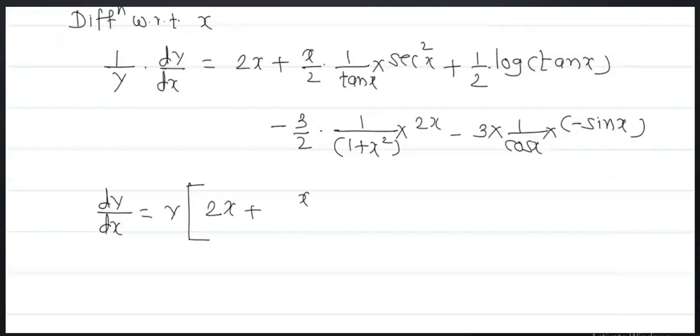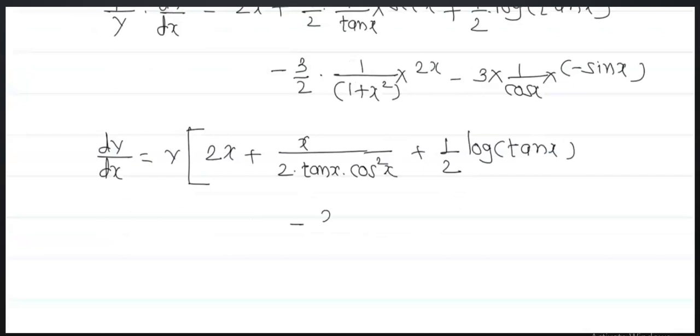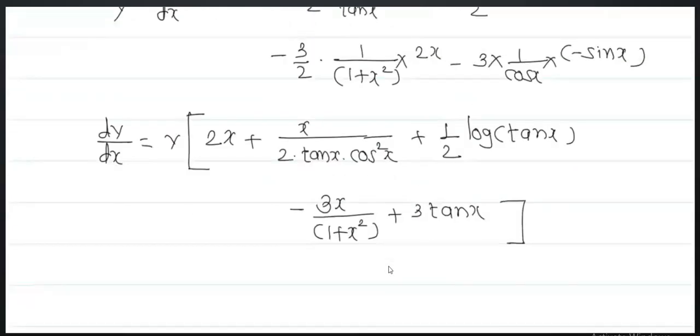Therefore dy by dx is y into the bracket x plus x upon 2 tan x into sec square x plus 1 upon 2 log of tan x minus 3x upon 1 plus x square plus 3 tan x.